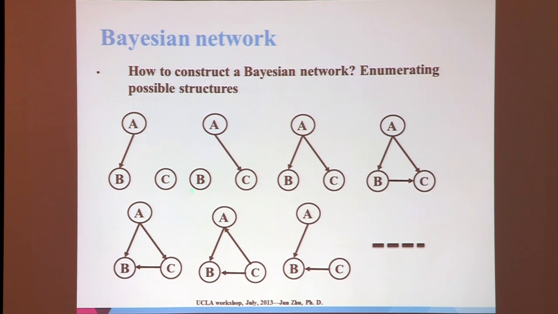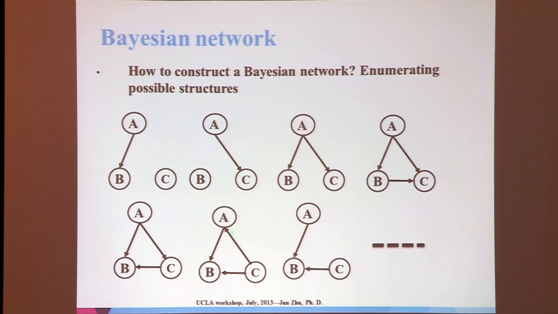We use nodes to represent metabolite abundance. Generally, when you have, let's say, 3 nodes, you can enumerate all the possible relationships: A regulates B, but C is really independent from the others, or A regulates C, or many other ways you can draw it, as long as they end up as a directed acyclic graph.